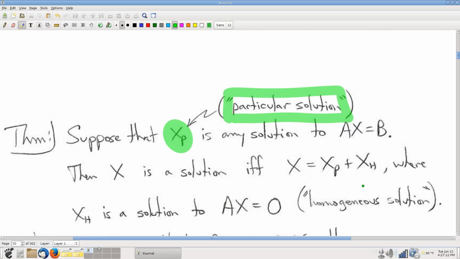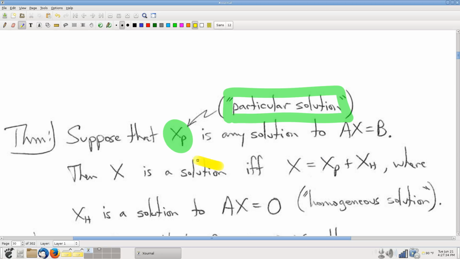Okay, so again, what this theorem is saying, this is an if and only if. So it's saying that the following two statements are equivalent. It's saying that being a solution is always simultaneous with being of this form. All right. Now I emphasize this means two things.